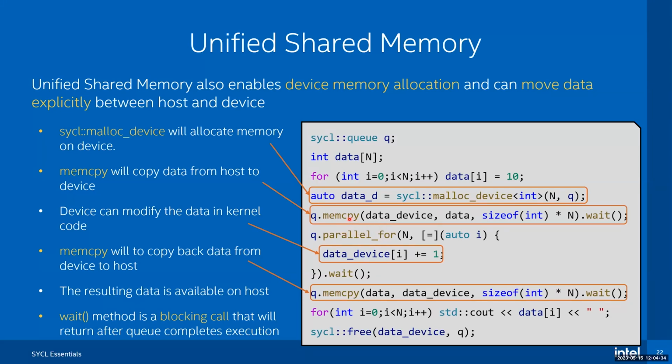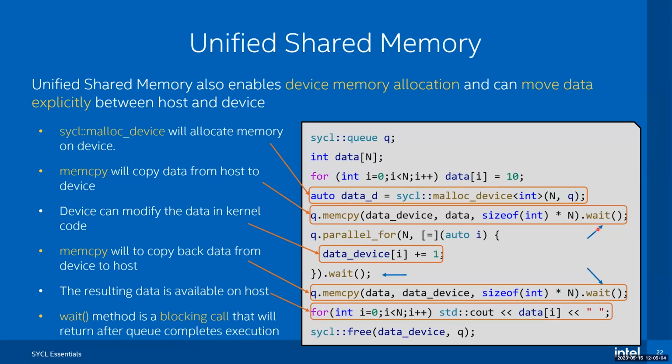You don't have to depend on the compiler to do the memory copy, where you won't have control over what else to execute when that copy is happening. So when you do it more explicitly, you can write more performant code. So this is another important SYCL function that you will be using to write better performing code.